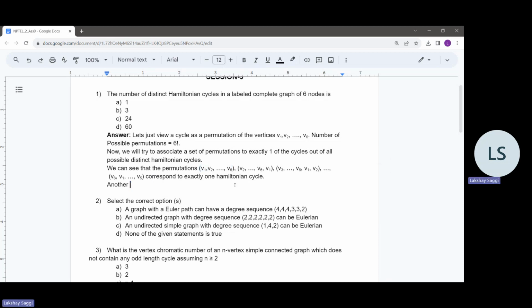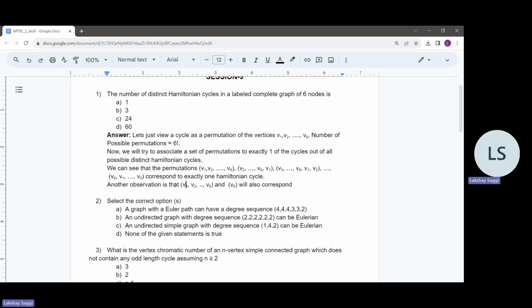So another observation is that V1, V2 till V6, and the permutation V6 to V1, which is basically its reverse.